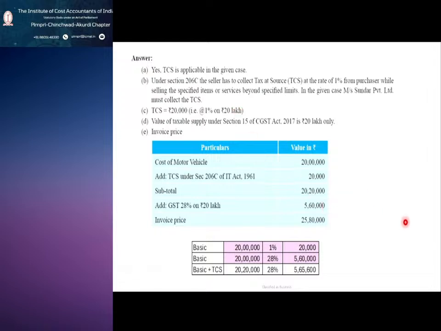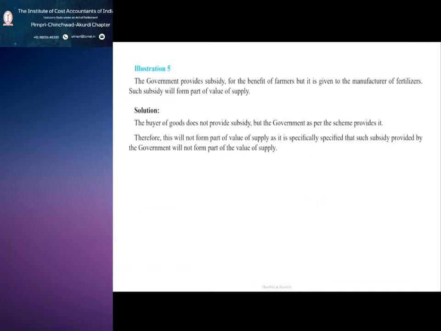So this is what we have covered here, mostly on the right side. It depends upon the nature of sale and the transactions you have. There is a limit: this is related to motor vehicles, and if it crosses above 10 lakhs, it is applicable.